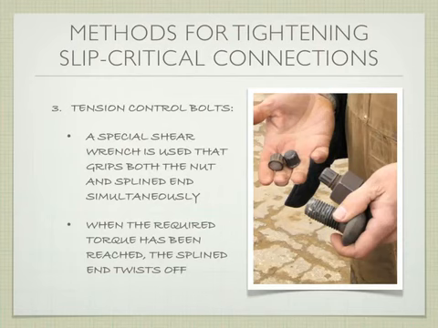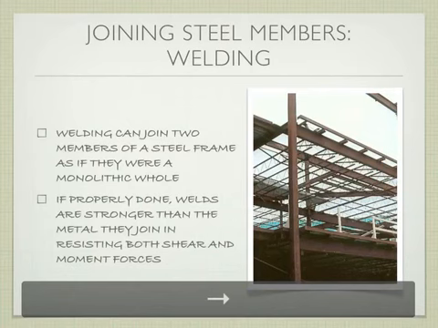You can see the example: here's the little splined end, this is what it looks like when it's actually attached, and this is a bolt that's already had it stripped off. Once it reaches that required strength, the little splined end snaps off. Therefore, you know it's at its desired strength. The bolt is specifically engineered for that purpose, and it ends up being a very efficient way of knowing that the bolt reaches its desired strength. Much less guesswork. So that's a tension control bolt.